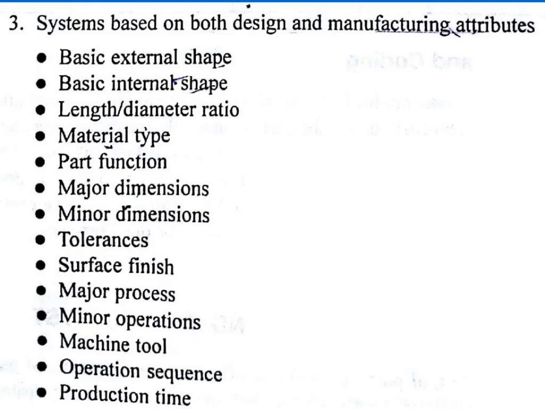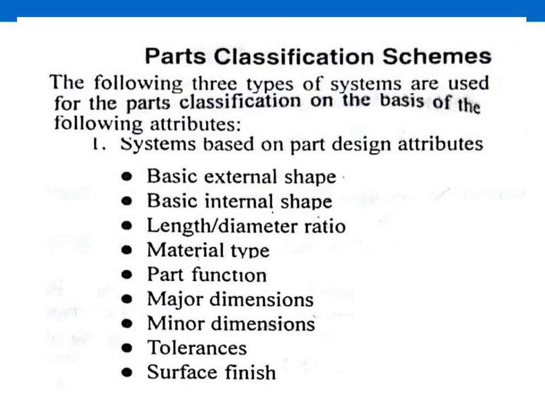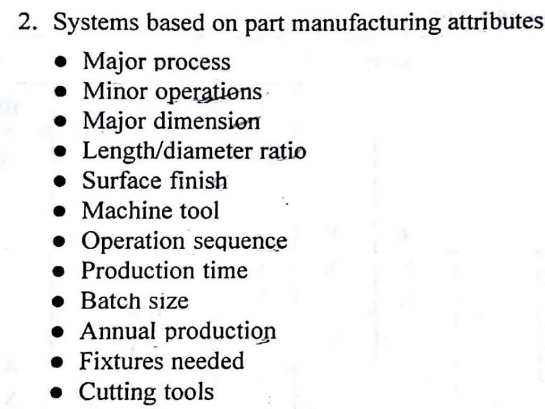And third is based on both design and manufacturing attributes. You know, some are design attributes, some are manufacturing attributes, some are common. So we can divide into three parts: A, only design attributes; B, only manufacturing attributes; C, common for both design and manufacturing.